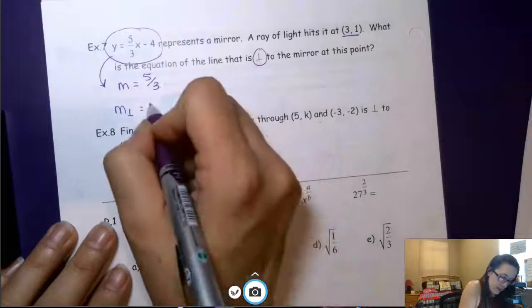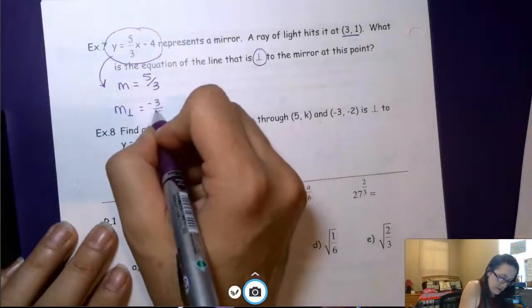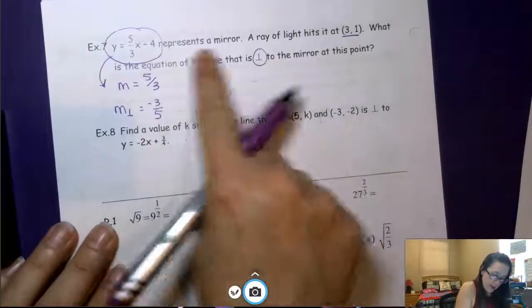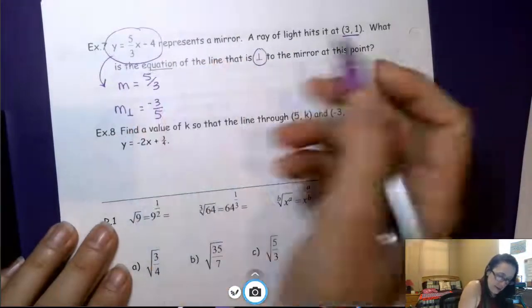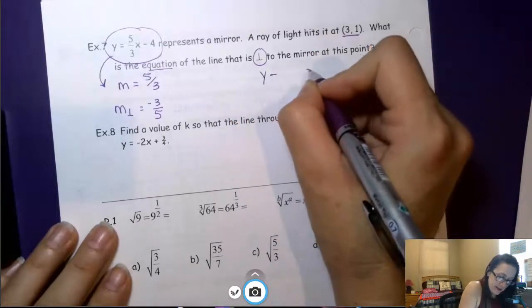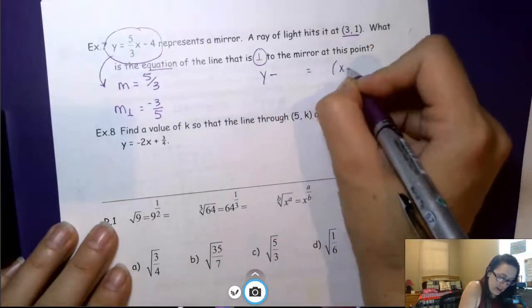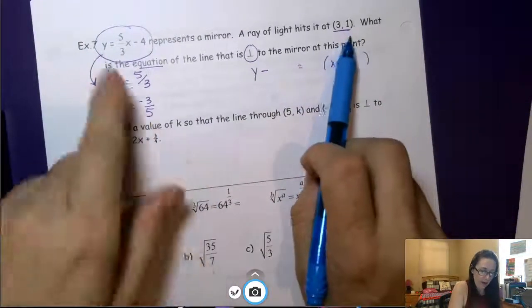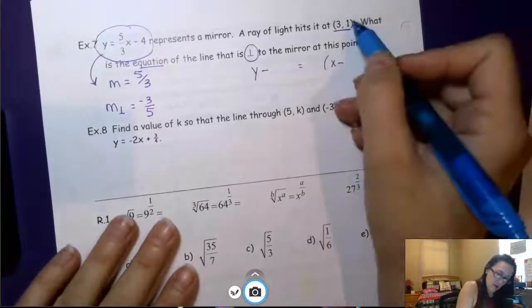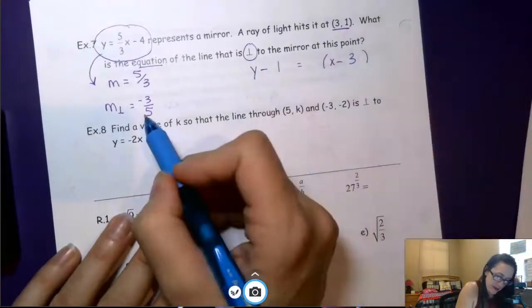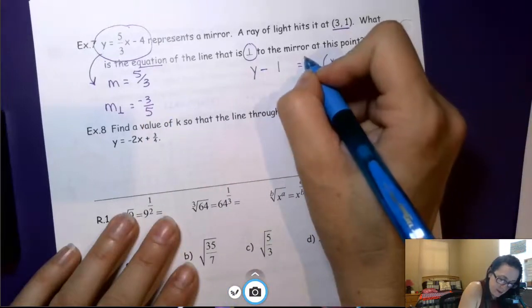So it's going to be the opposite reciprocal. And I want to write an equation again. So I write my ghost formula for the equation y minus equals m times x minus. And immediately I can put in the point before I even did any other work. 1 goes to the y, 3 is with the x, and I just found my perpendicular slope is negative 3/5.